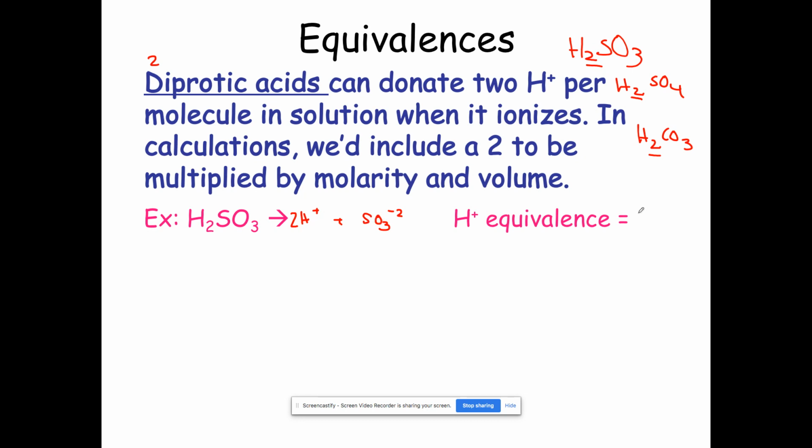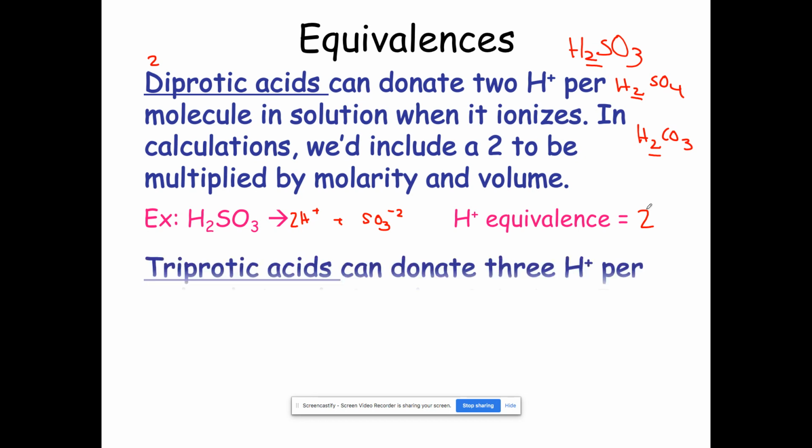So our equivalence is a 2. This might seem sort of familiar, like the Van Hoff factor we talked about in solutions, which raises the calculation of our boiling points and lowers the freezing point depressions. Similar idea, but those are for ionic solutes, and this is for covalently bonded or molecular solutes.